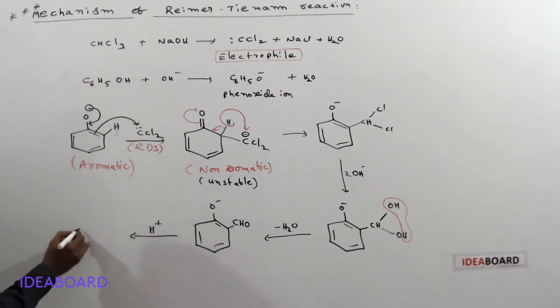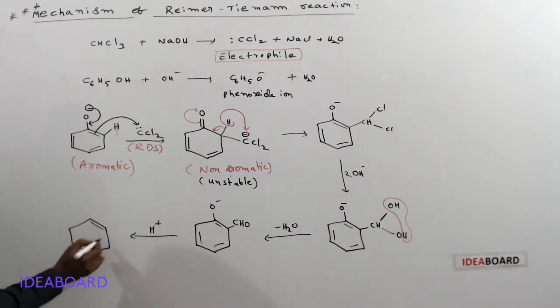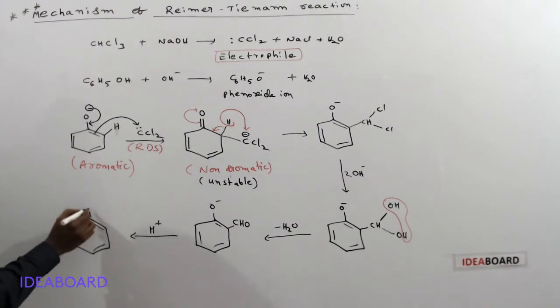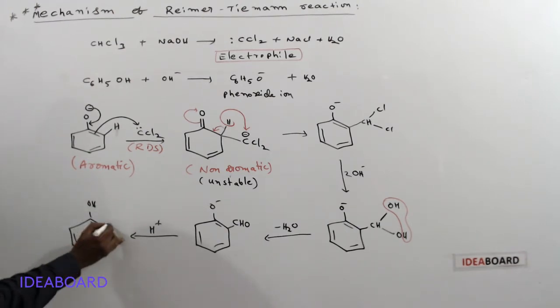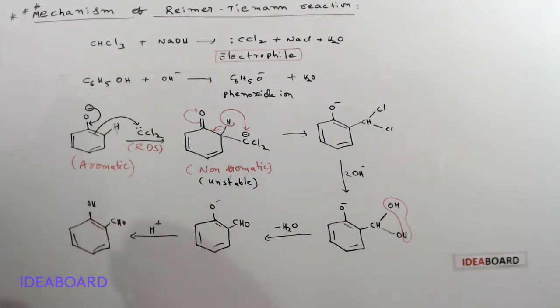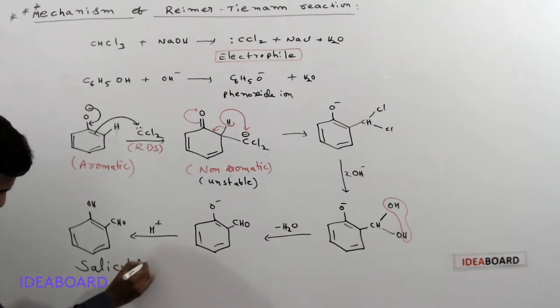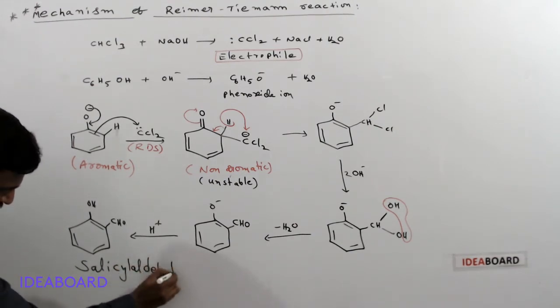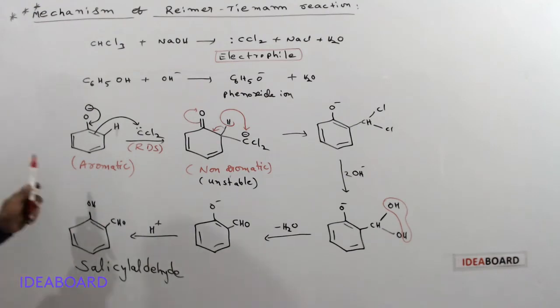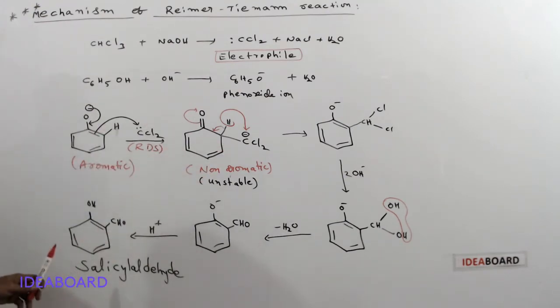Protonation, acidic hydrolysis or protonation occurs, and finally it converts into phenol. So this is OH and here it is CHO. This is the ortho-hydroxybenzaldehyde, or it is called salicylaldehyde. So this is the final product and this is the mechanism for Reimer-Tiemann reaction.